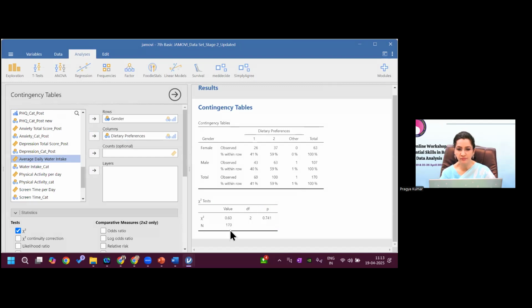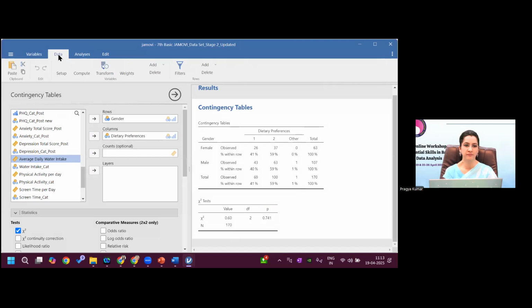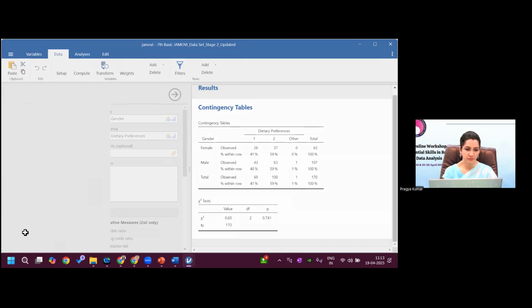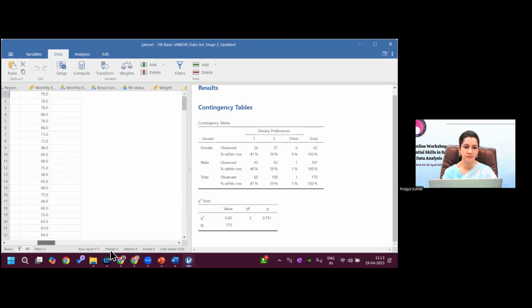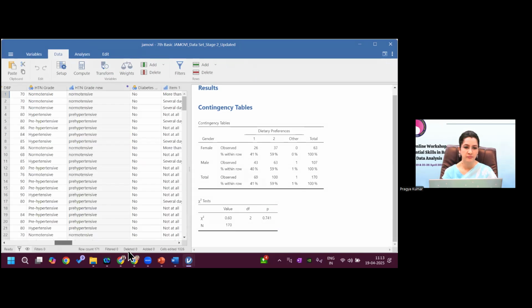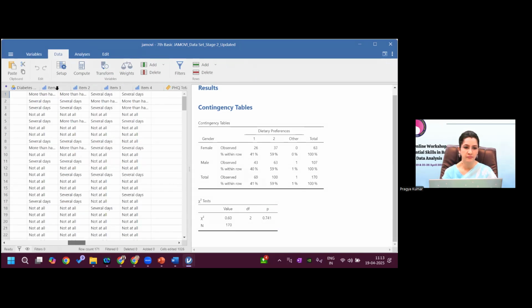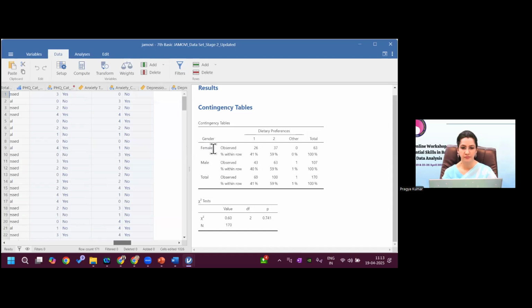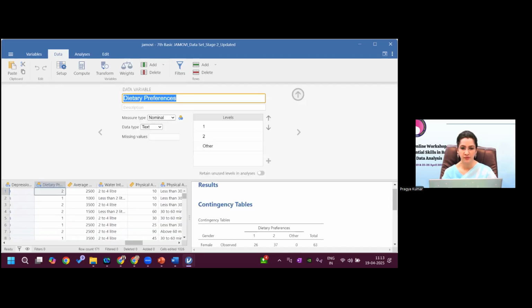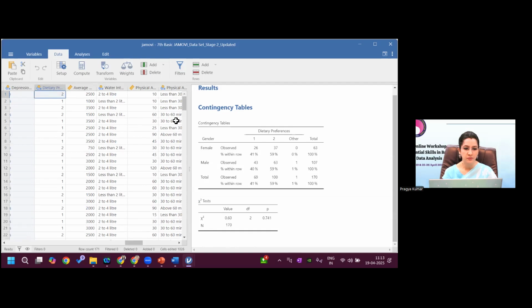Other. Okay, so other is 1. Let me go to the data. By mistake. The dietary preferences. It won't go from here, I have to write it in the data, scroll and write 2.